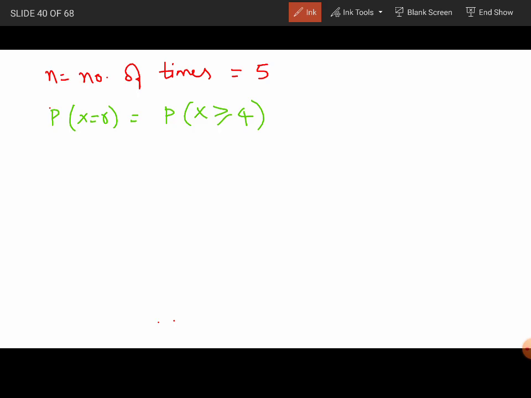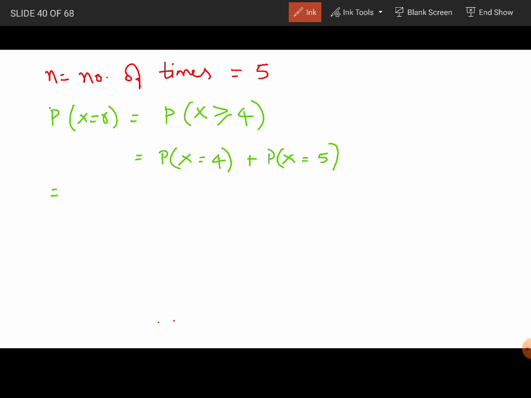So this is the probability of x is equal to 4 and the probability of x is equal to 5, because here we are rolling the dice 5 times.